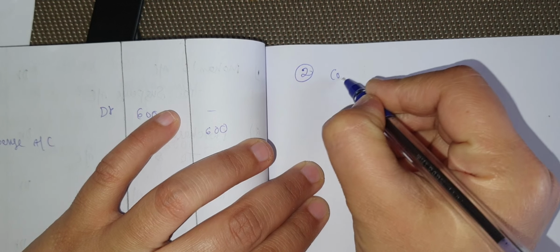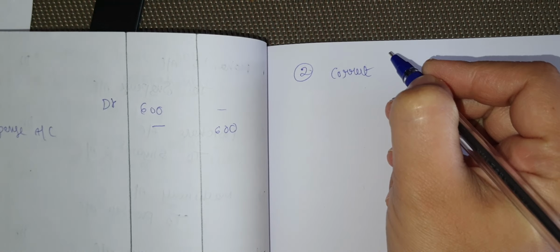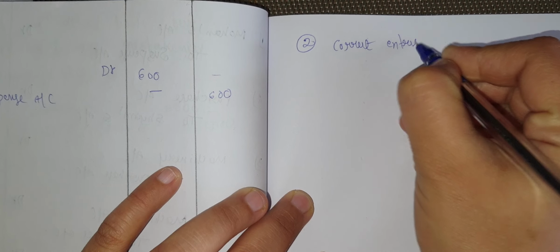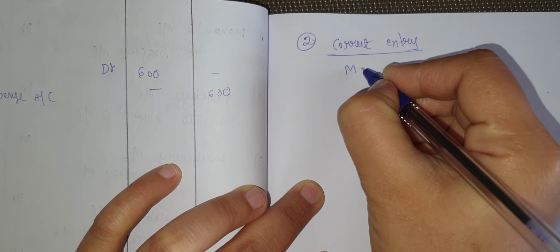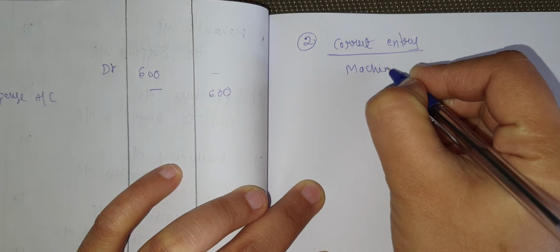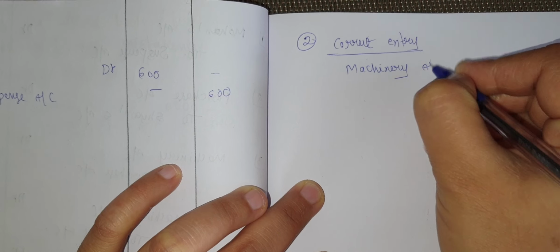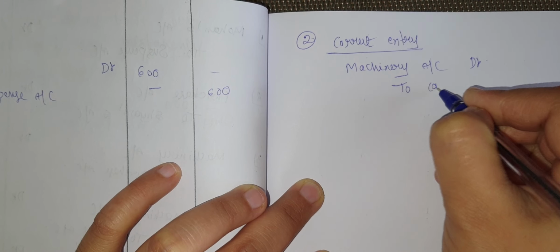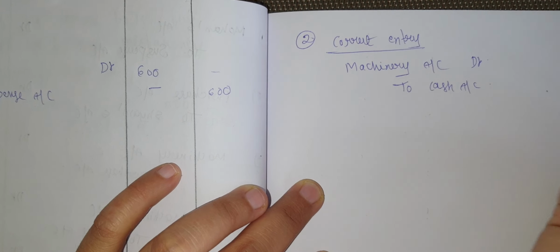Second one, right? So correct entry: machinery account debtor to cash account. This is our correct entry.